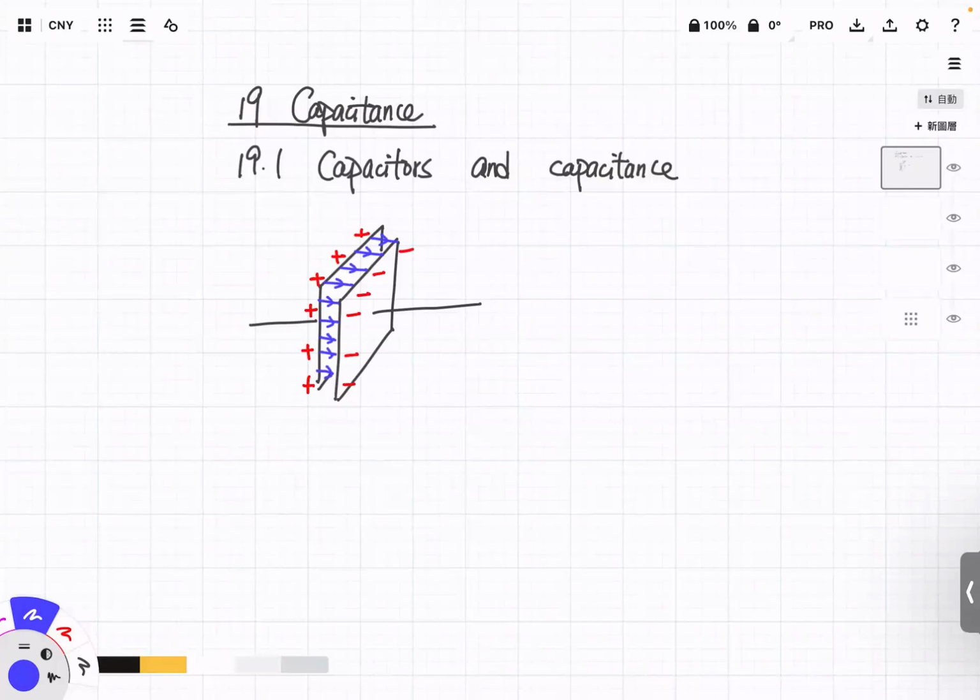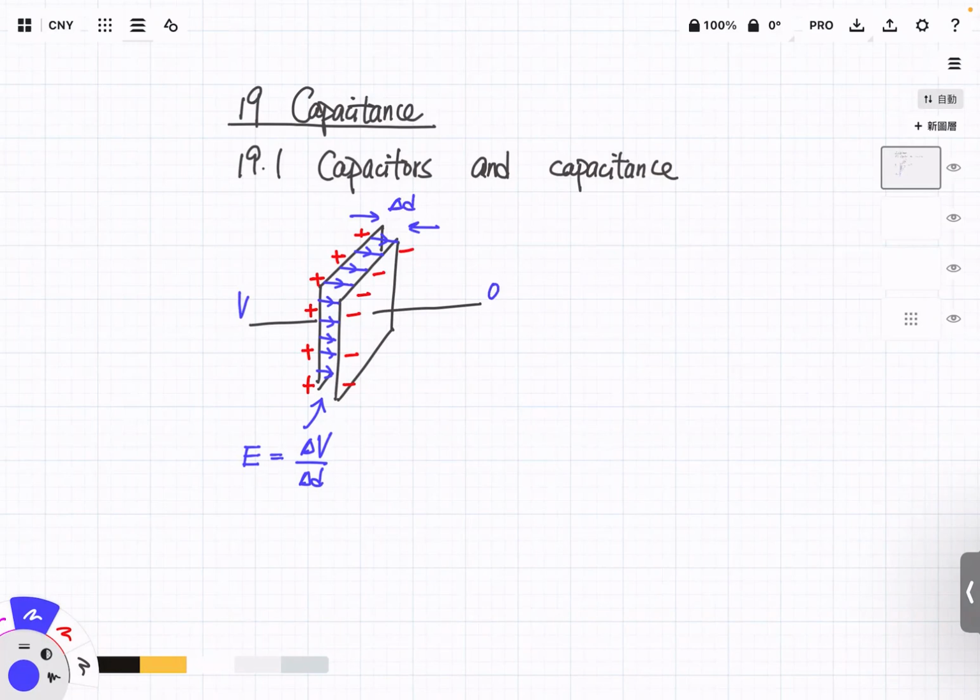Okay. So previously, we focused on the electric field strength between these parallel plates. And here, the formula for the electric field strength is E equals delta V over delta D, where delta D is the plate separation, and V is the potential difference you applied across it.